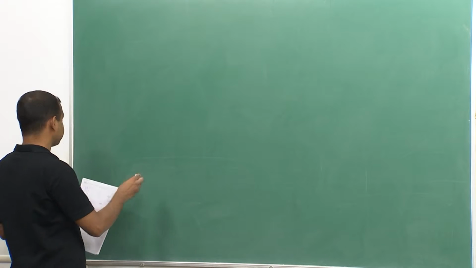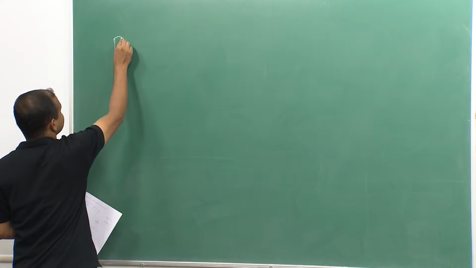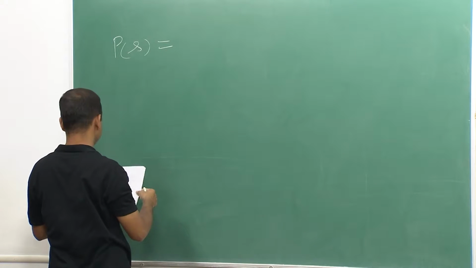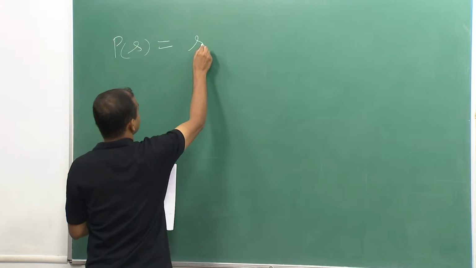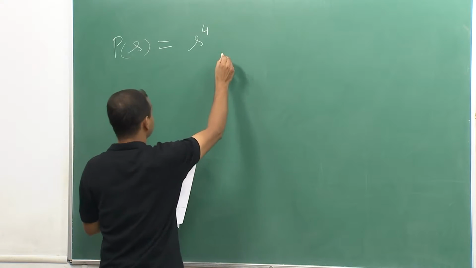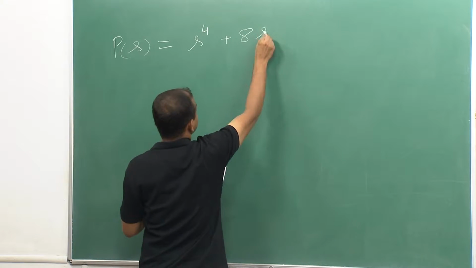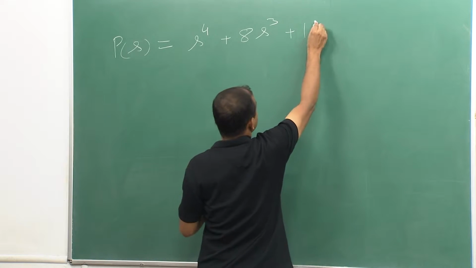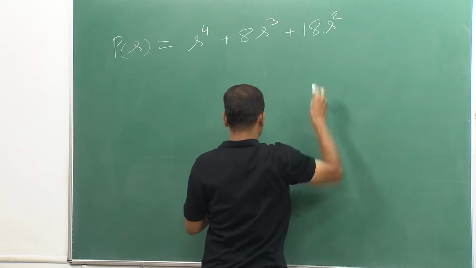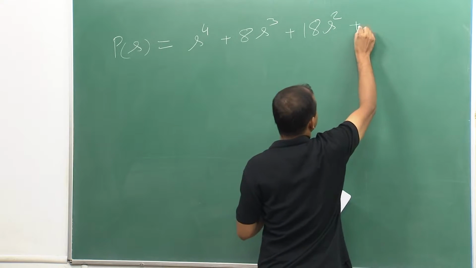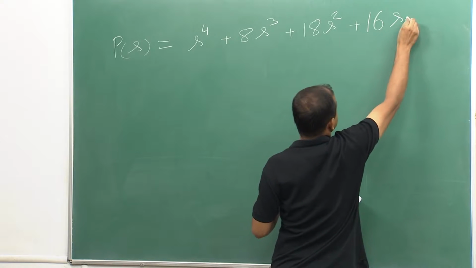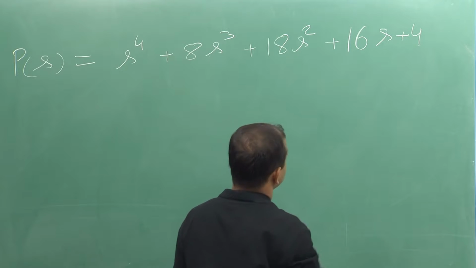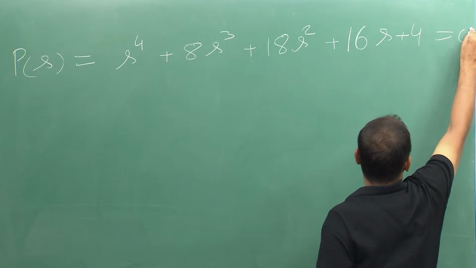In our first example, suppose my characteristic equation is s to the power 4 plus 8s cube plus 18s square plus 16s plus 4 is equal to 0.